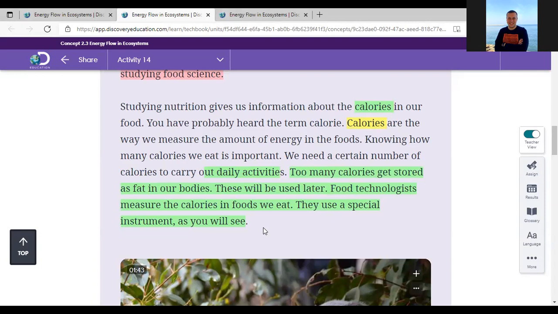Calories are the way we measure the amount of energy in the food. Knowing how many calories we eat is important. We need a certain number of calories to carry out daily activities. Too many calories get stored as fat in our body. This will be used later.